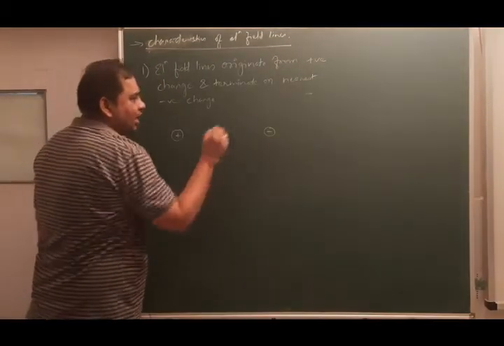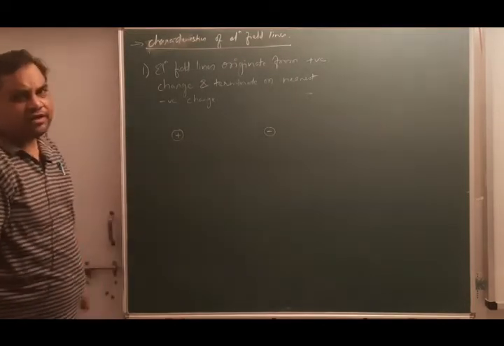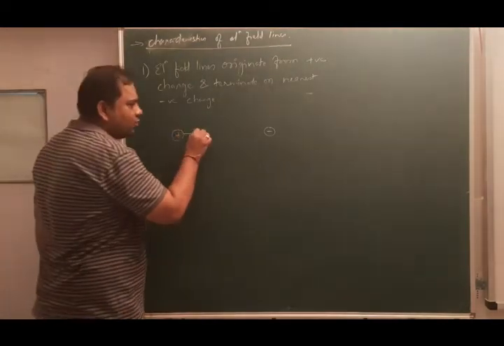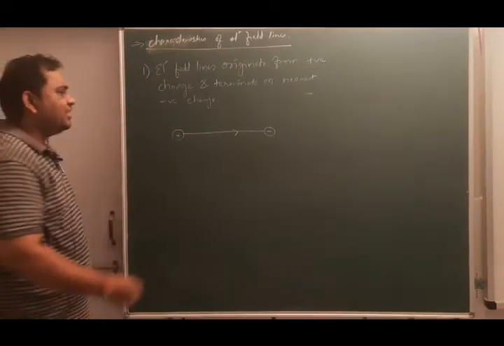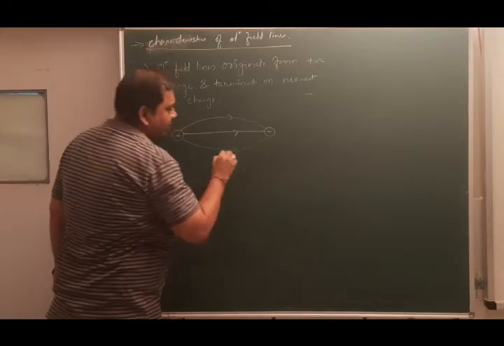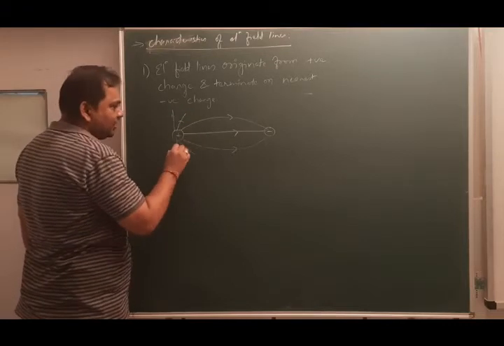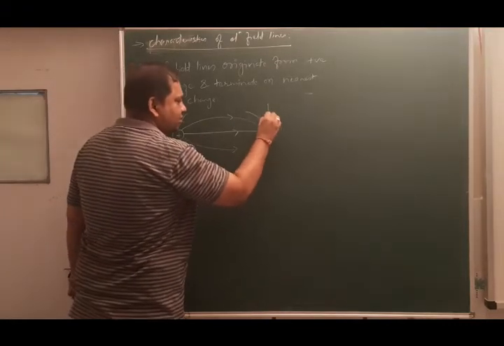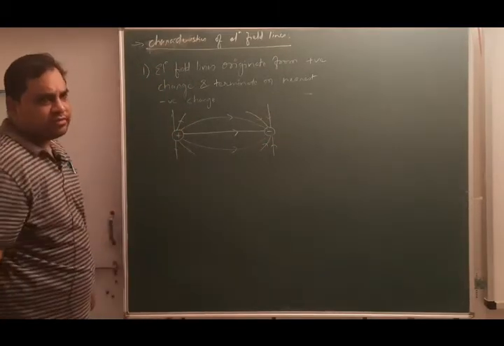Suppose these are the charge distribution around. Say it is a dipole. There is one positive charge and one negative charge. The electric field line will originate from this positive charge and will terminate on the nearest negative charge. So electric field lines will follow this kind of trajectory. They are continuous curves followed by a positive test charge.